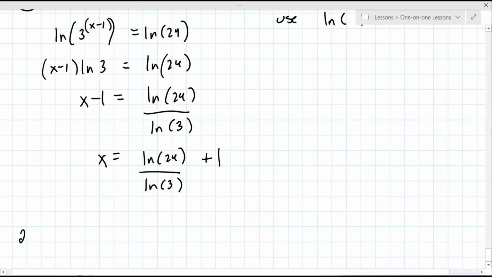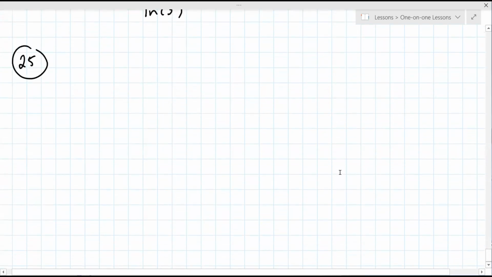25 is somewhat similar to this one. So 25, 2e to the 3x equals 16. So e to the 3x equals 8 because you divide both sides by 2.